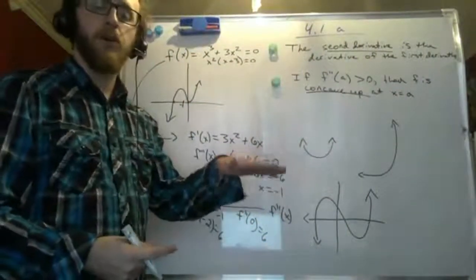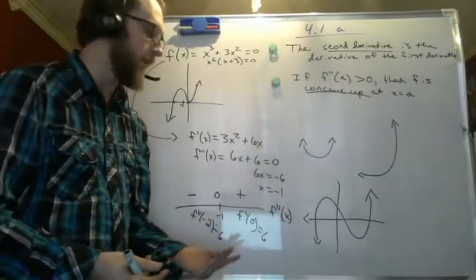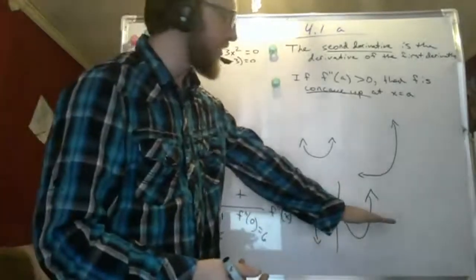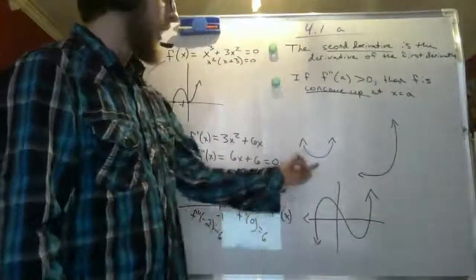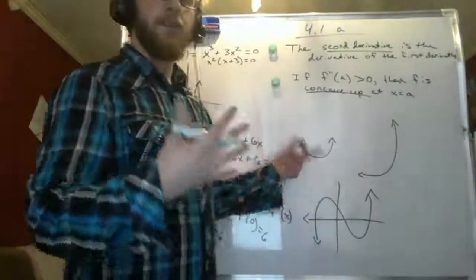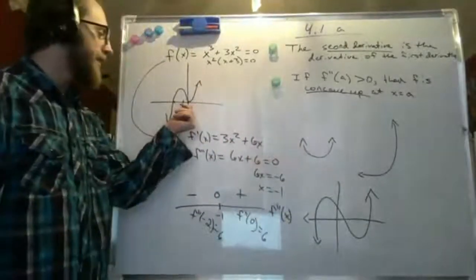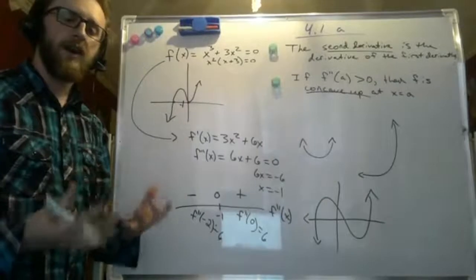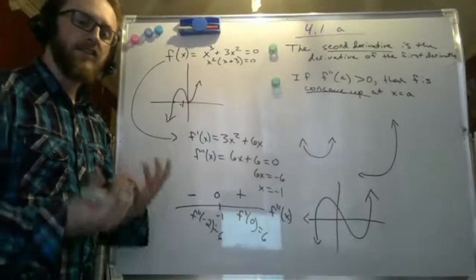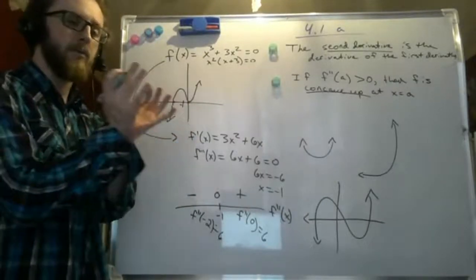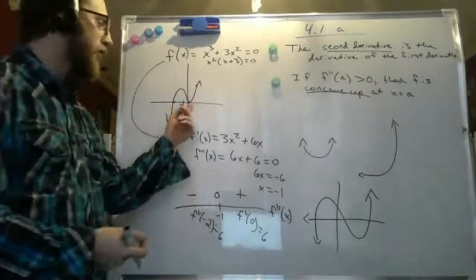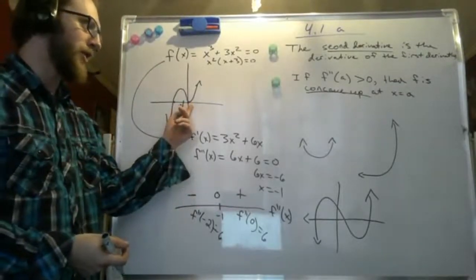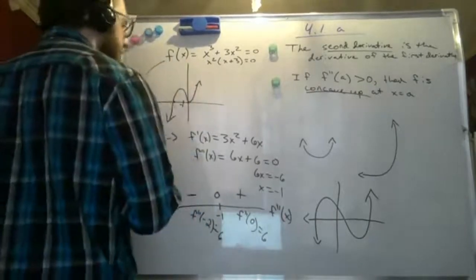Where would the water be able to pool without spilling off? Here where I have this bowl shape, it can hold water. So one way to think about it is, if the function can hold water at that point, then it's concave up. It makes a bowl shape.